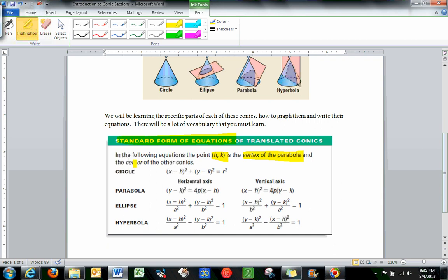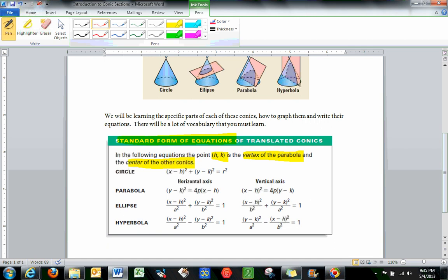For the other ones, it is always representing the center of the conic section. So it may be a center point in the case of a circle, or it could just be the middle of a hyperbola or an ellipse. For parabola, it's always going to be the highest or the lowest point, or the farthest point to the left or the right, depending on whether we're dealing with horizontal or vertical.